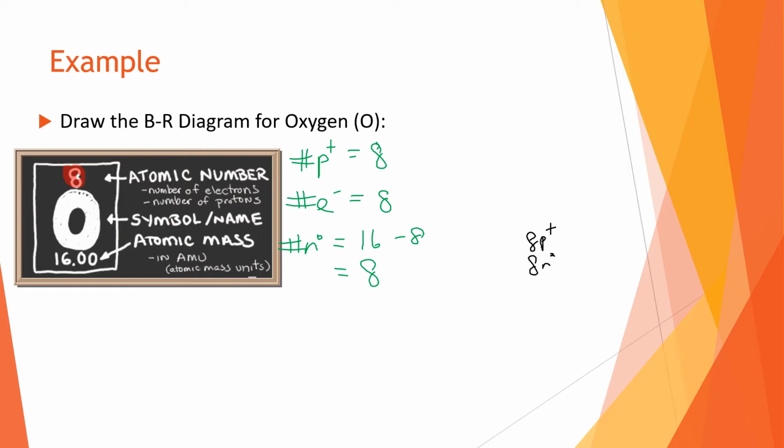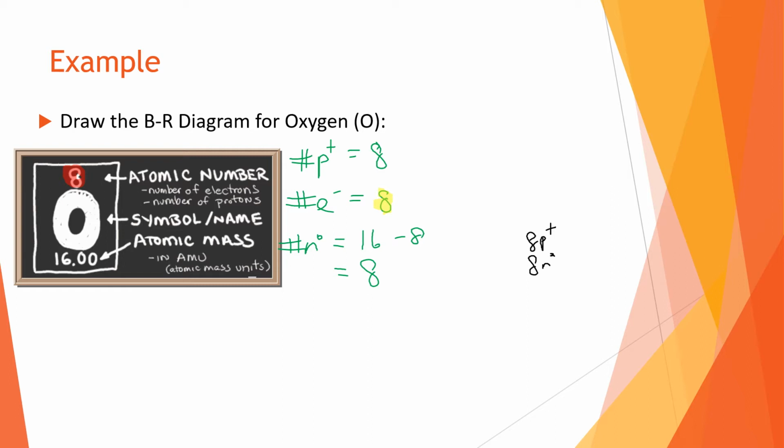Okay. Now, the first orbit is going to contain 2 electrons. So keep in mind, this is important, we have 8 electrons to place inside the orbits, because remember, only the protons and neutrons go in the nucleus and the electrons go in the orbits.